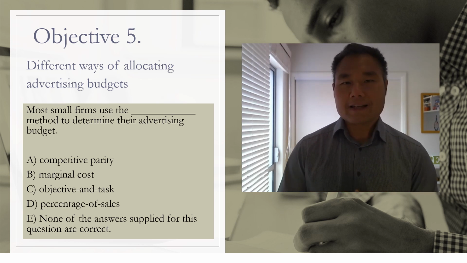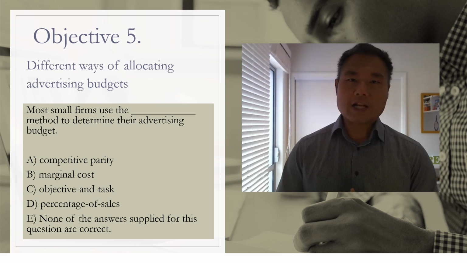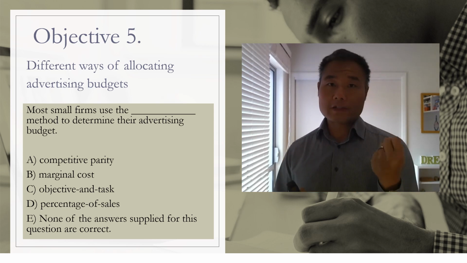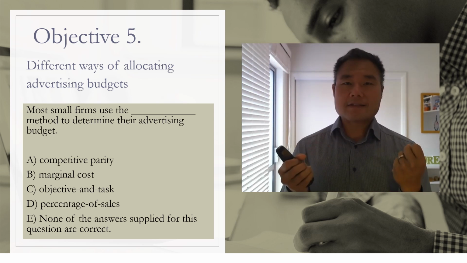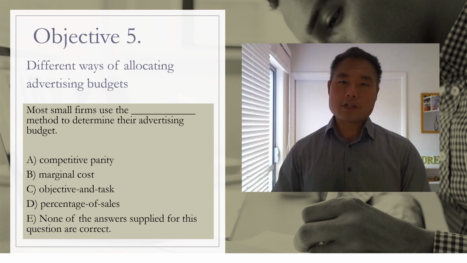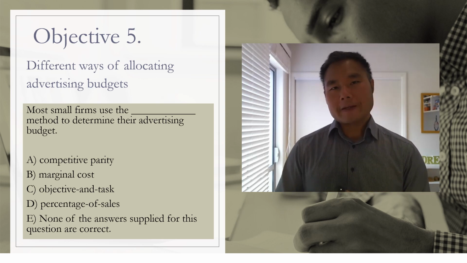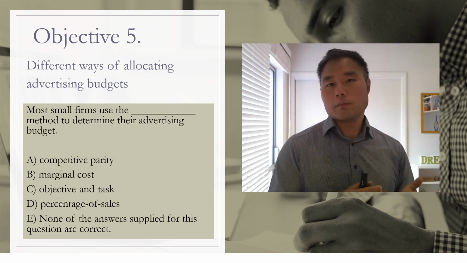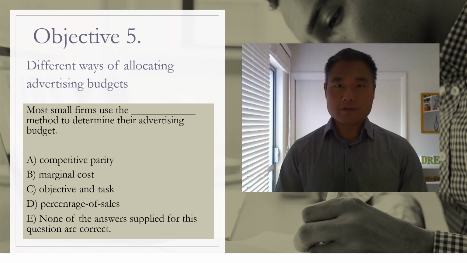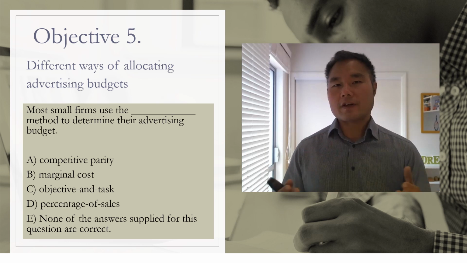So the objective and task method is probably the best method of budget allocation because that's based on setting objectives and figuring out the tasks that are required for you to achieve those objectives and then allocating the budget in that way. So there's a bit of this explained in the textbook, but basically the previous module looked at advertising objectives and we talked about how important they were in terms of holding advertising accountable.